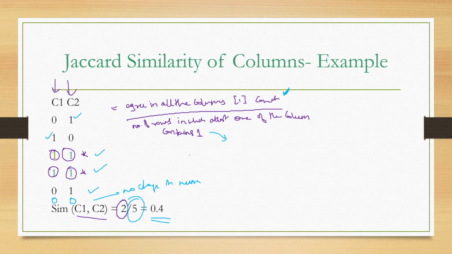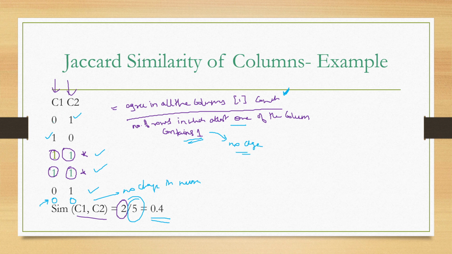The number of rows you are counting is where at least one of the columns should contain 1. So if you see here, none of the columns contains 1. So again, there is no change in the denominator also.